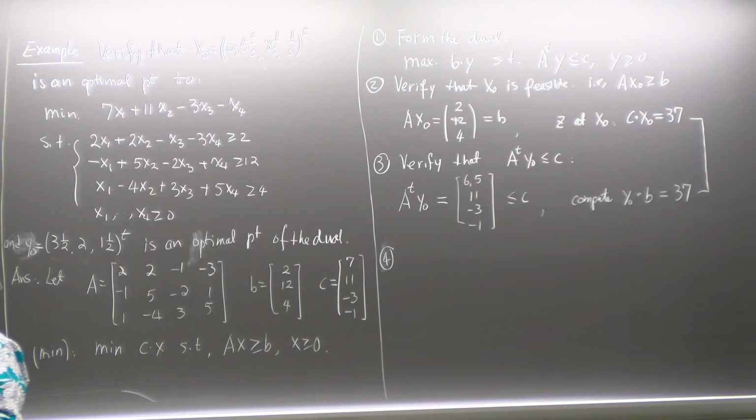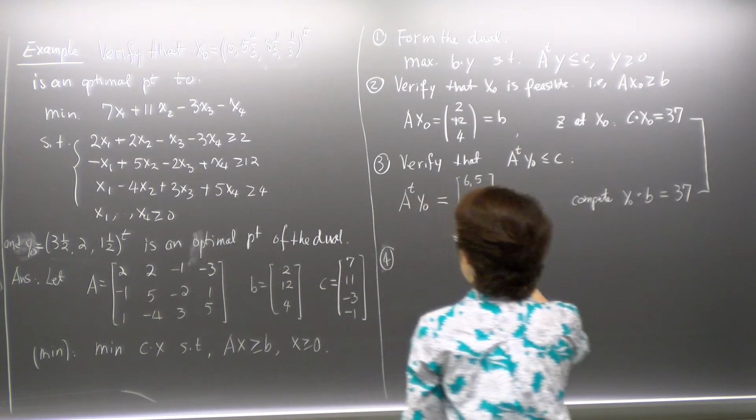Or corollary, actually. If I find feasible solutions x naught and y naught, and the objective function takes the same value, then that value is the optimal value for both problems. Is that right? By quoting that, you verify this.